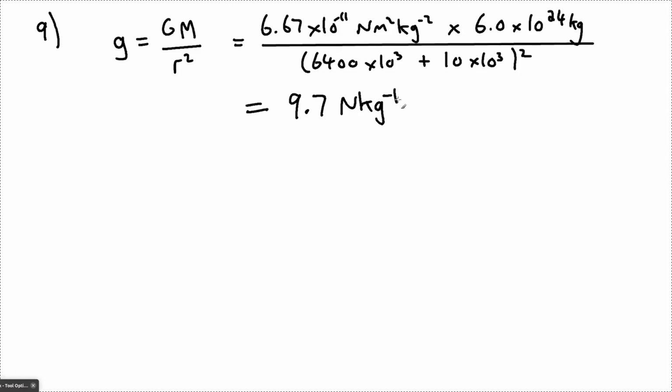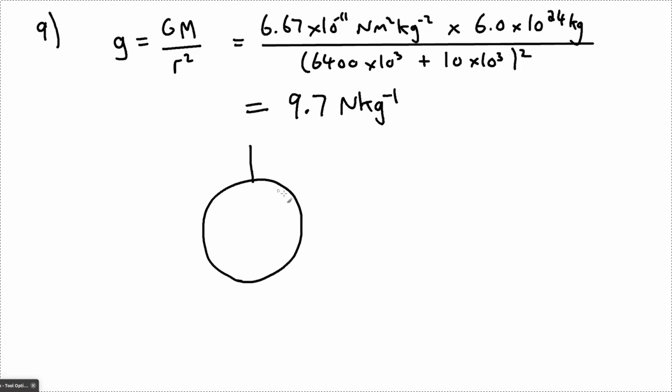It's a very small change, so we can assume we can take it to be constant over that period. Although the Earth is a radial field, so if we draw the Earth, we know around here that the field strength is radial, so the field lines will diverge like this.